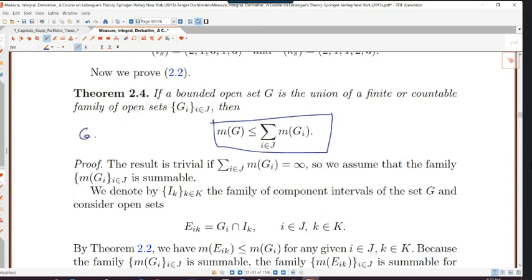G is the union of Gi, i belongs to J. And the subset Gi could have non-empty intersection with any other of these Gj's, for example.